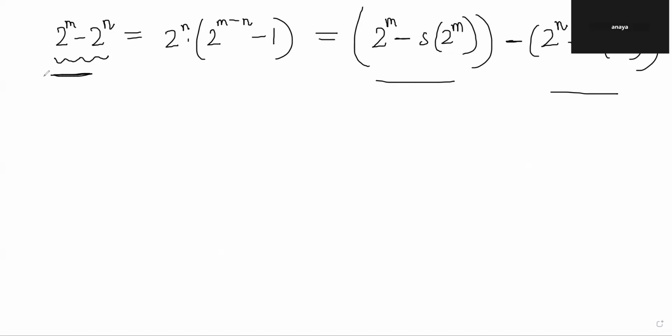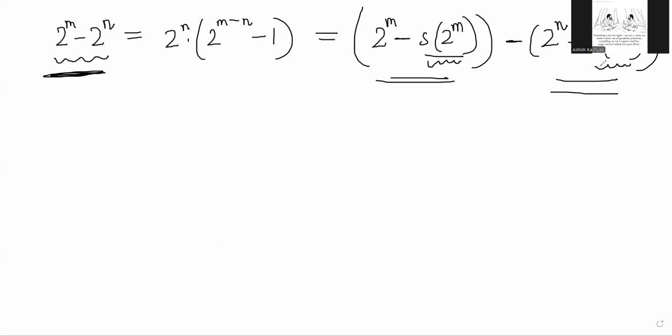Now think of s of 2 power m and s of 2 power n. There is no difference because they are the same. It's just subtraction and then we have added it back, so nothing has changed.